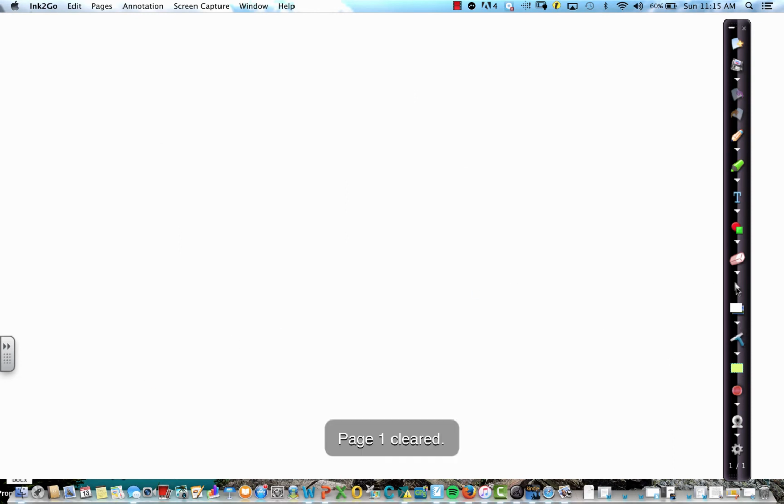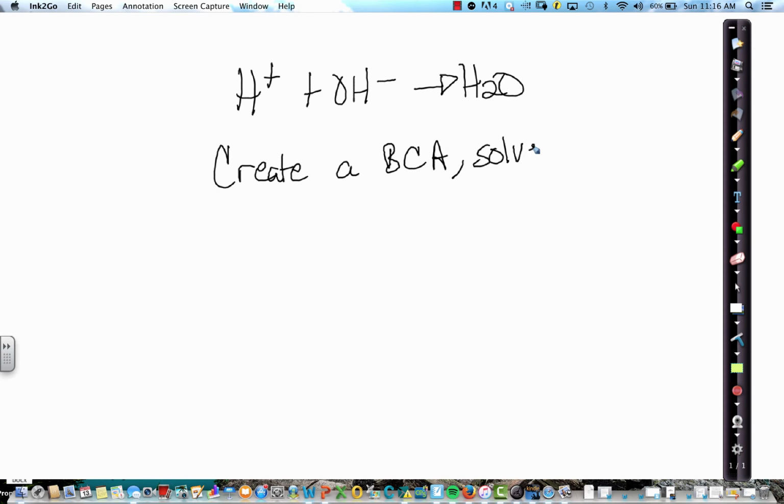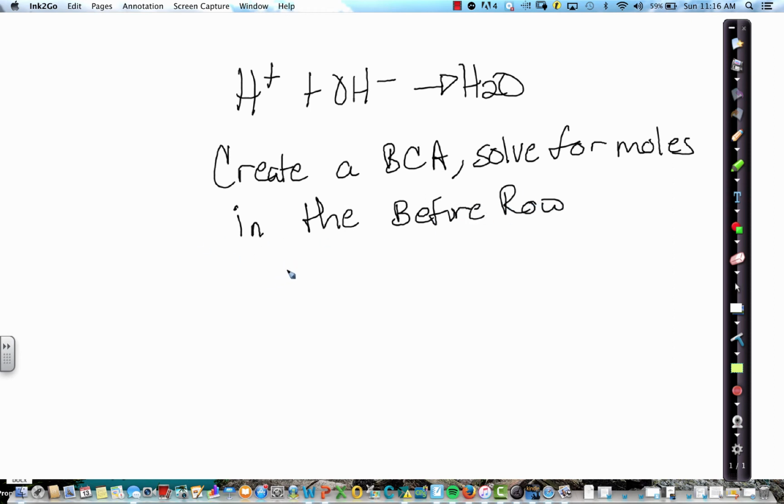So whenever you do a titration problem, your reaction will be this, if it is strong versus strong. So this is your net ionic reaction if it's strong versus strong. You're going to create a BCA table. When you do that, you're going to solve for moles in the B row, the before row. Once you do that, then you're going to subtract the smaller number of moles.